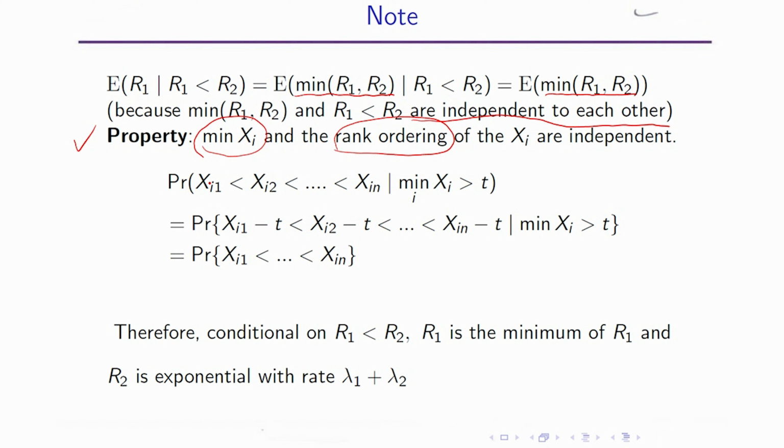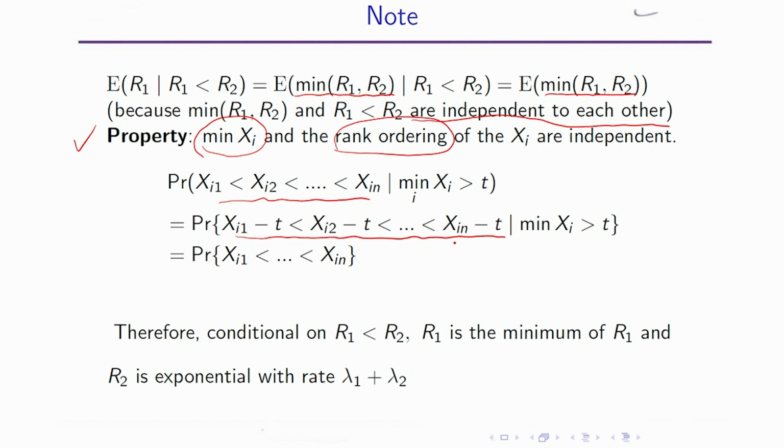The probability of xi1 less than xi2 less than up to less than xin, which represents the ordering, given minimum xi greater than t, is equal to the conditional probability that xi1 minus t less than xi2 minus t less than xin minus t, given that minimum xi greater than t. Why is that? Because if you subtract t from every random variable, that does not affect the ordering at all, right? So this conditional probability will still be the same.